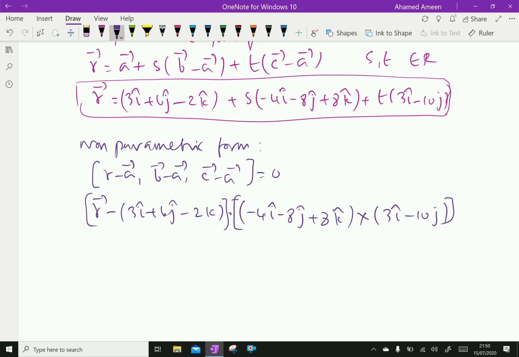This is the non-parametric vector equation of the plane.